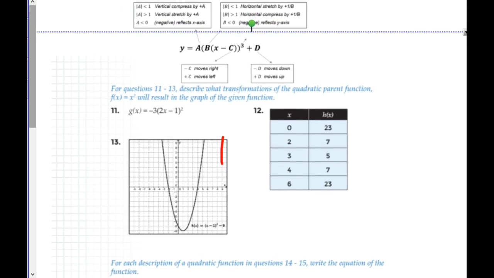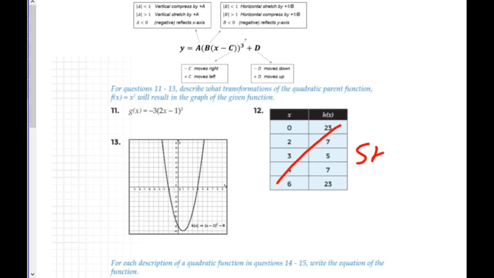Now, this also works for squared. That's what we're doing. So if this is negative, okay, negative a, that's reflect over x. 3 is greater than 1, so it's a vertical stretch.